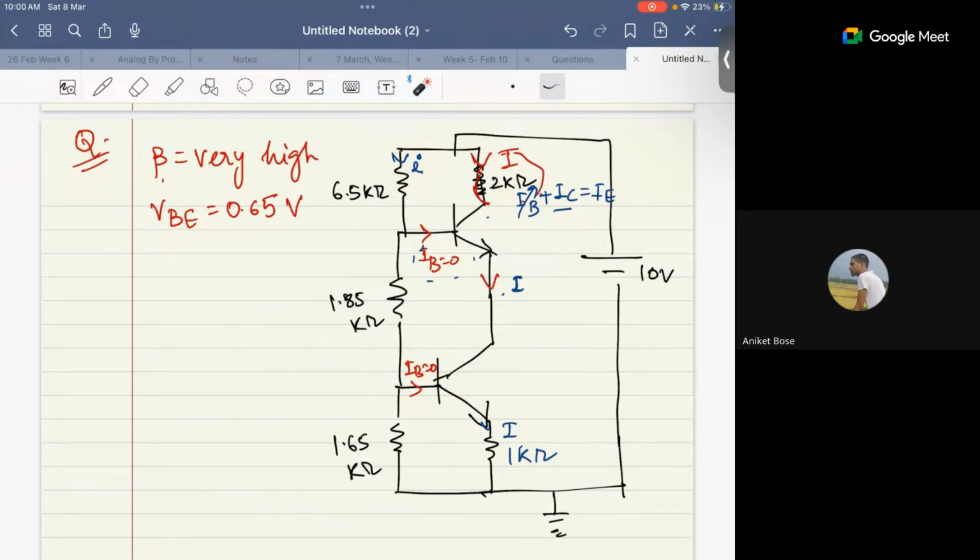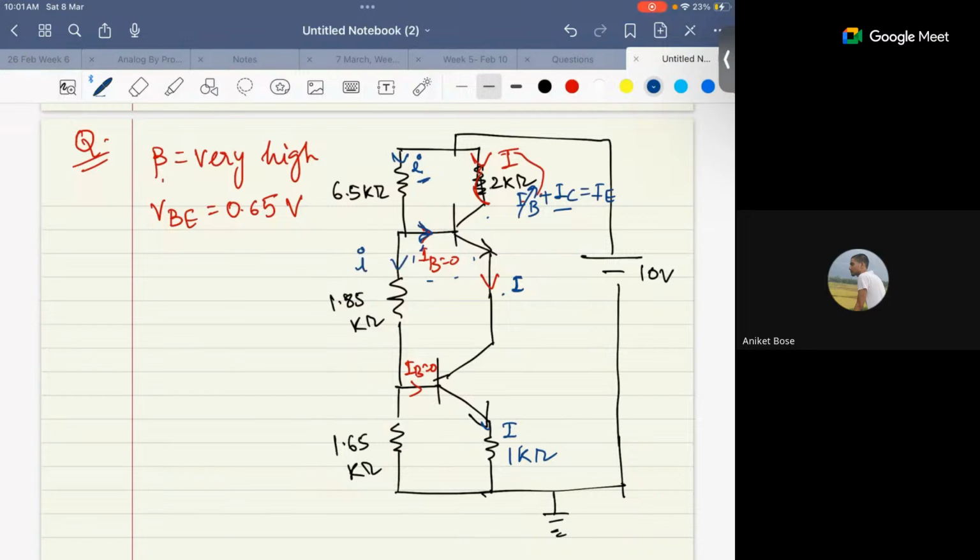Yes, sir. See, 10 volt is here. There is some drop here, then some drop here, then some drop here, and then it is going to the ground. So you can use KVL. All of them are in series itself, so the current will be the same. The current I that is coming here, there is no current going here, there is no current that is divided here, so the same I will come here also.